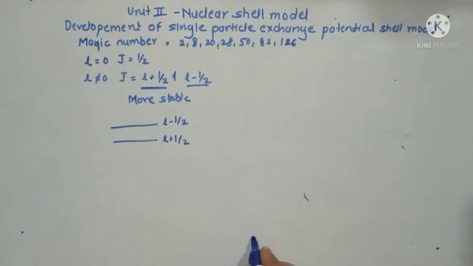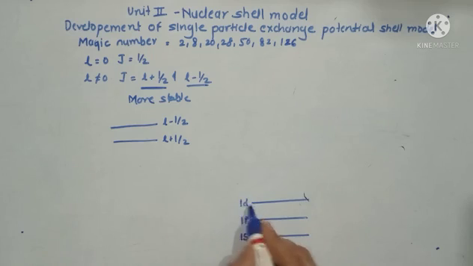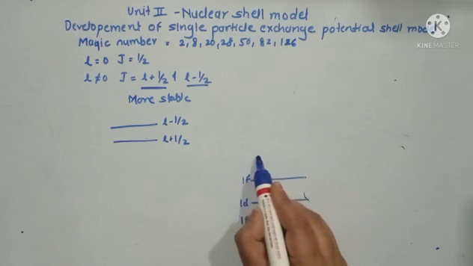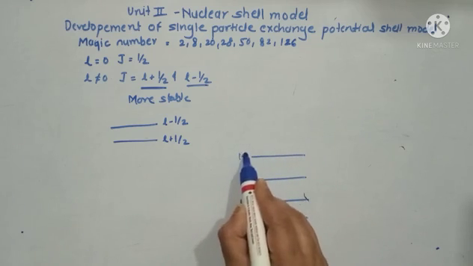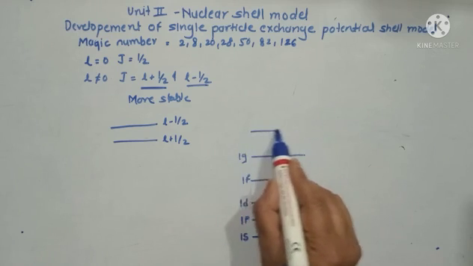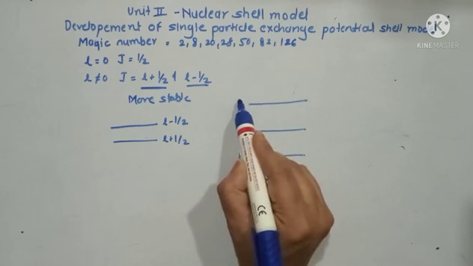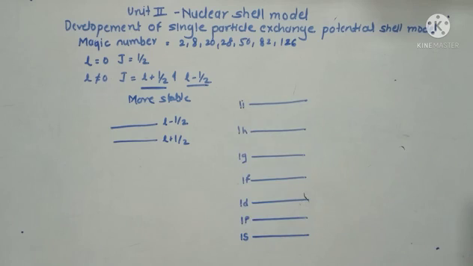Let us see, I will draw here first the 1s orbital, then 1p, 1d, 1f, 1g, 1h, and then 1i.